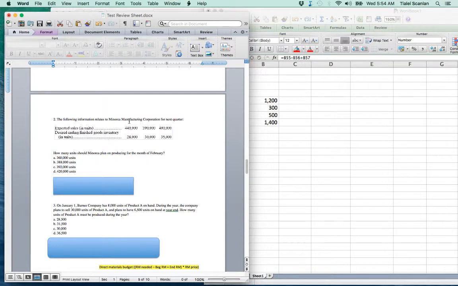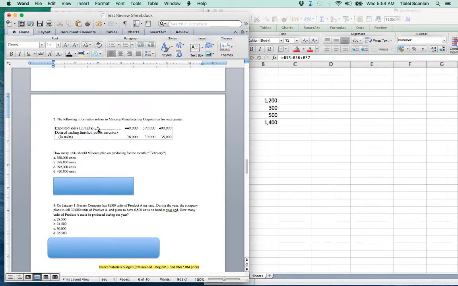So this problem: the following information relates to Minorca Manufacturing Company for the month of February. I think our months are off, but I believe this is January, February, March. Sorry that it doesn't say that.